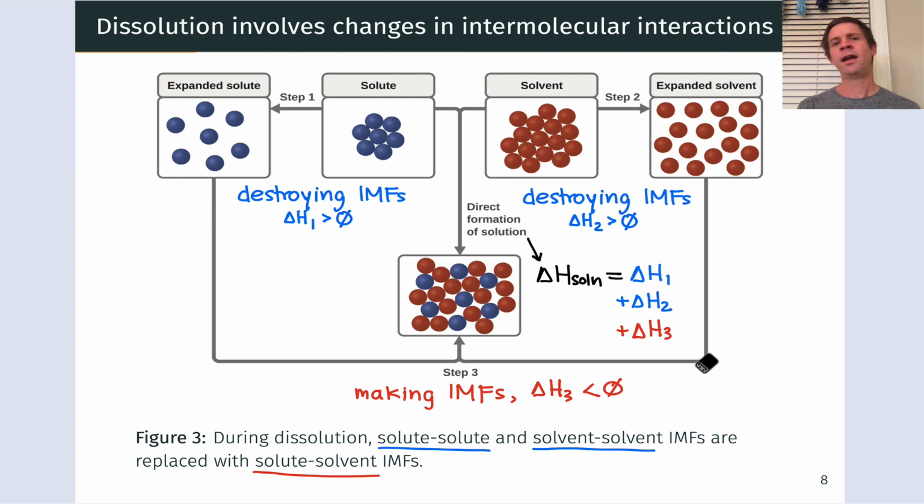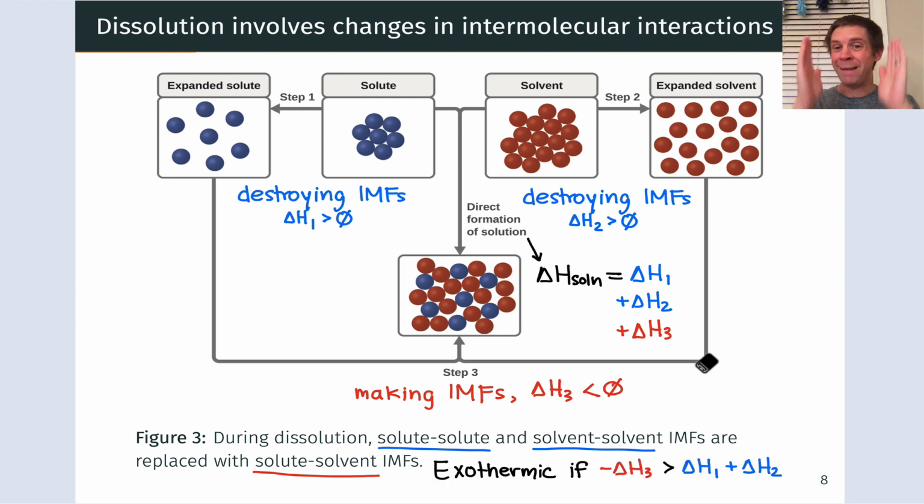Now we can see a basic criterion for exothermic solution formation is that negative delta H3, or the magnitude, if you like, the absolute value of delta H3 must be greater than the absolute value of the sum of delta H1 and delta H2, both of which will be positive anyway, so we don't need an absolute value or negative sign on the right-hand side.